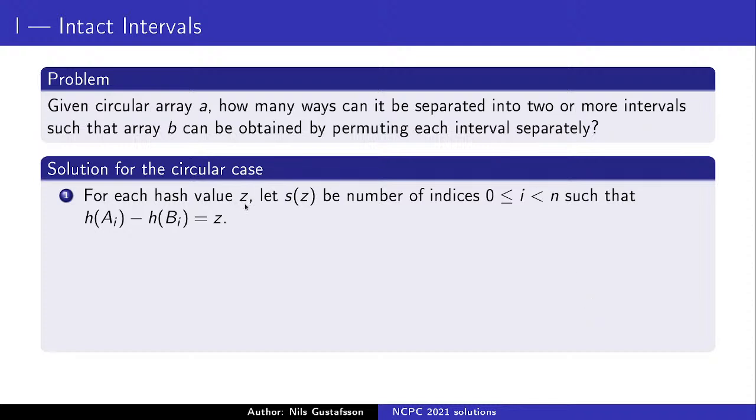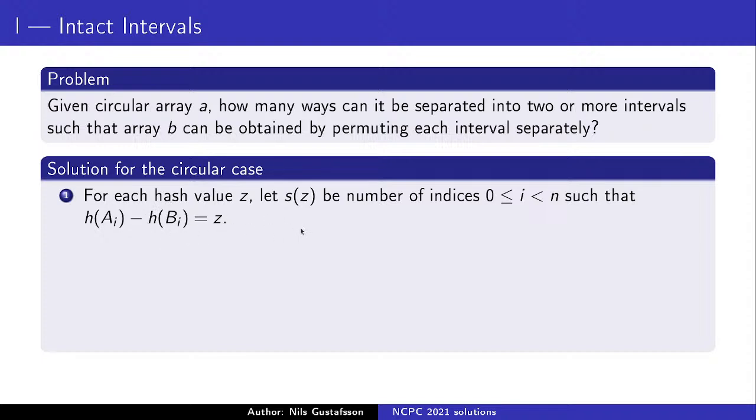For any hash value z, let s of z be the number of indices i between 0 and n-1 such that the hash of the first i symbols of A minus the hash of the first i symbols of B equals z.